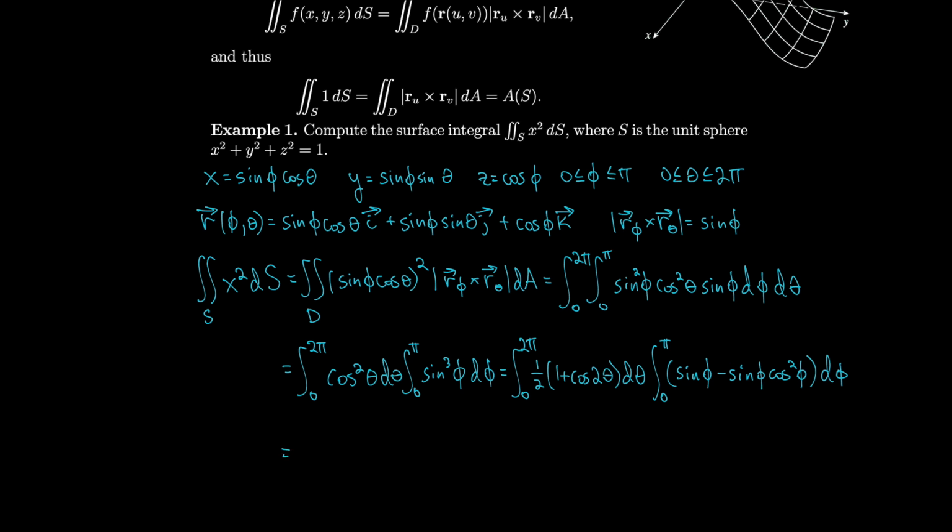So we get half of theta plus half sine 2 theta, where theta goes between 0 and 2 pi, and we get minus cosine phi plus 1/3 cosine cubed phi, and that goes between 0 and pi. So we do the math and we get 4 pi over 3.